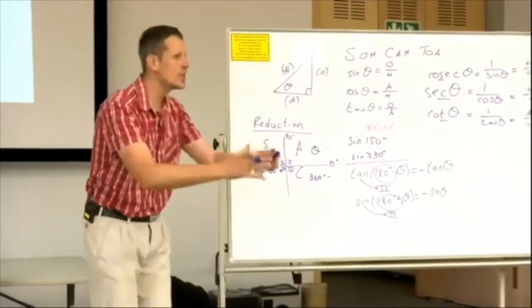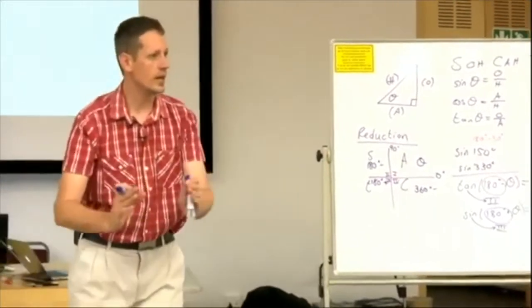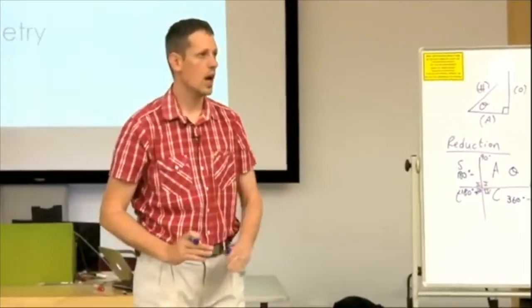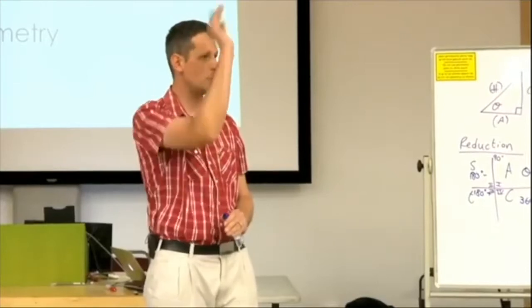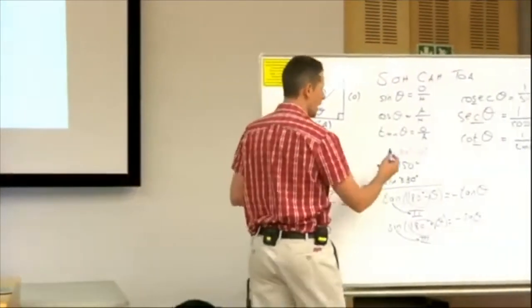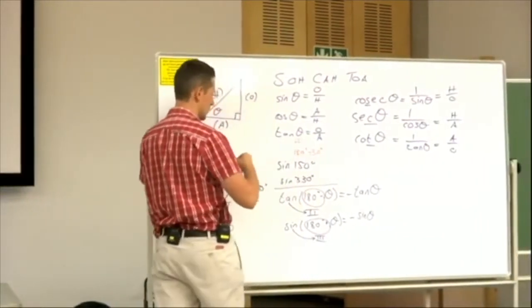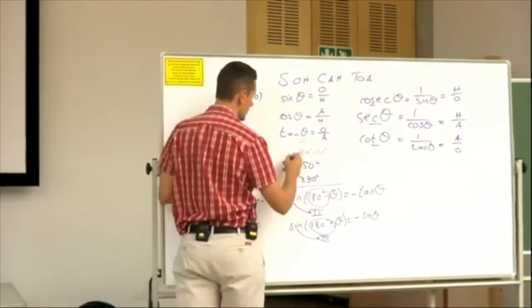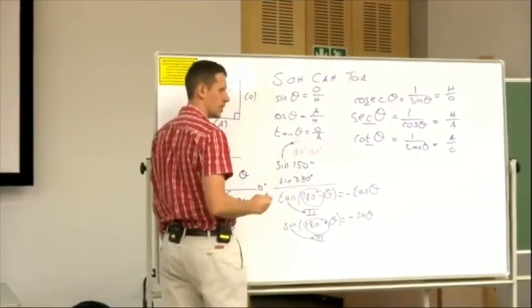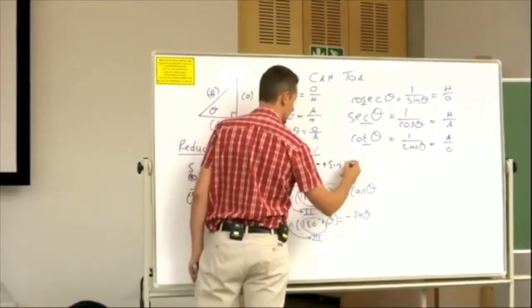I don't rewrite sine 180 minus 30. I just at the top of the 150, I put 180 minus theta, or 180 minus 30. In which quadrant is this? Second quadrant. Is sine positive or negative there? Sine of 30.